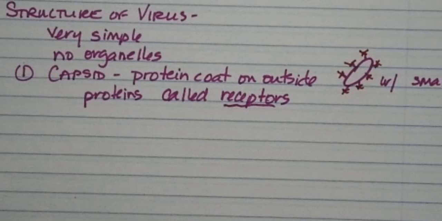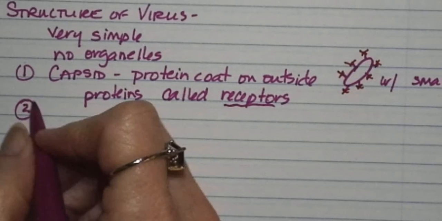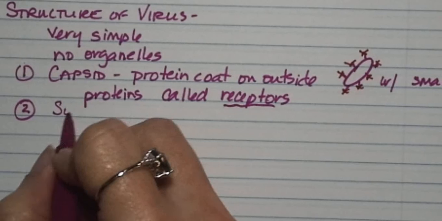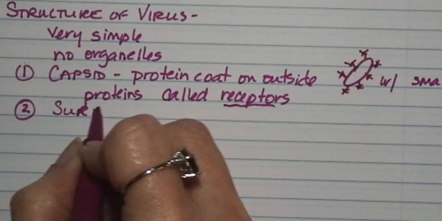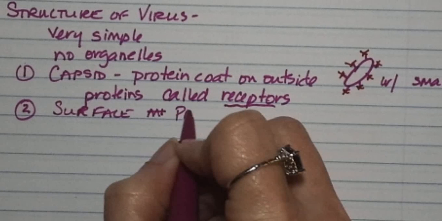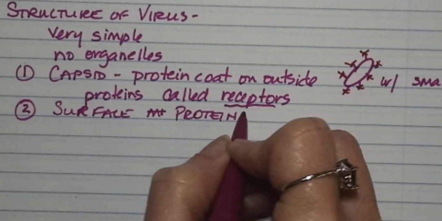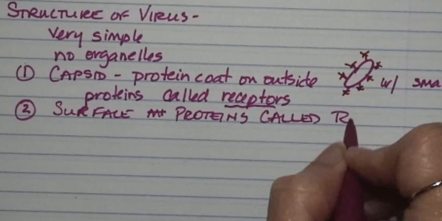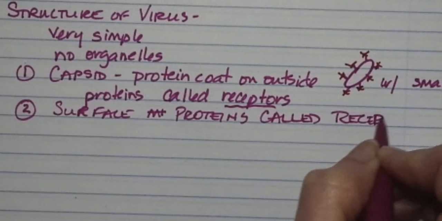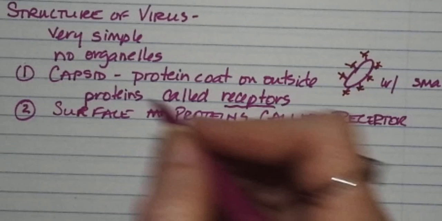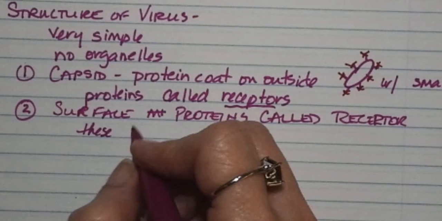You have these surface proteins called receptors. And this is what's used to attach to a cell. So these little receptors are what it uses to chemically attach to a cell.